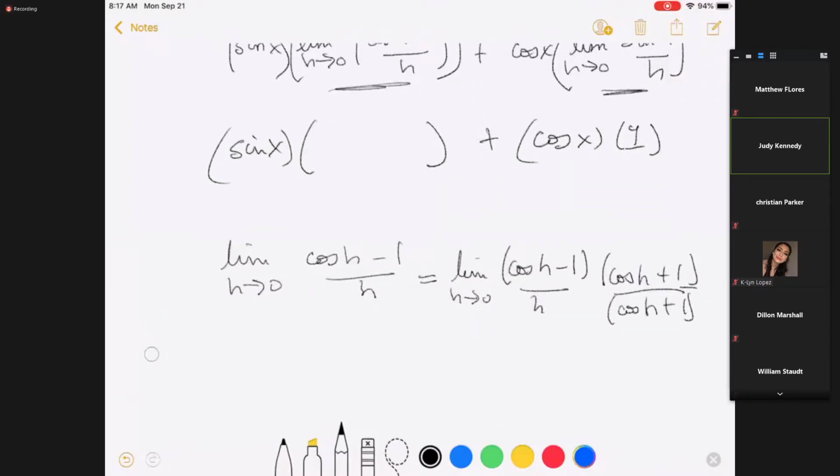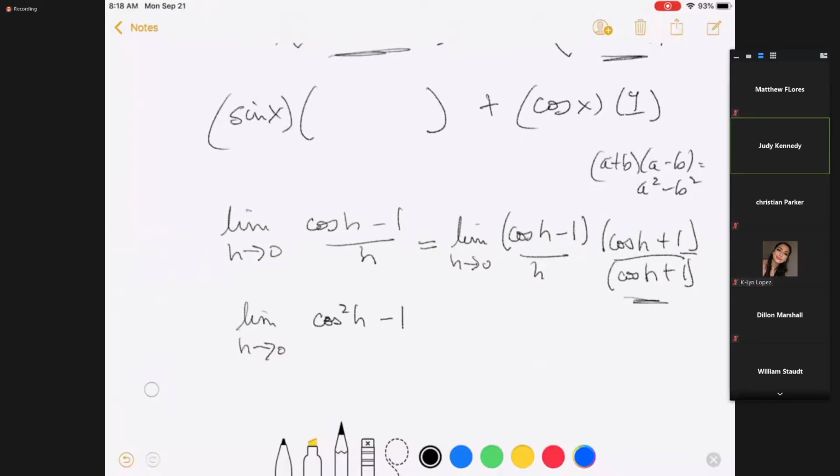Okay, so really multiplying by 1 there. Just change that minus to a plus. And what that does for me: cosine h minus 1 times cosine h plus 1 is cosine squared of h minus 1. Remember, the middle term goes out. That's kind of the whole point of doing this. Middle term's 0, that is, over h times cosine of h plus 1.